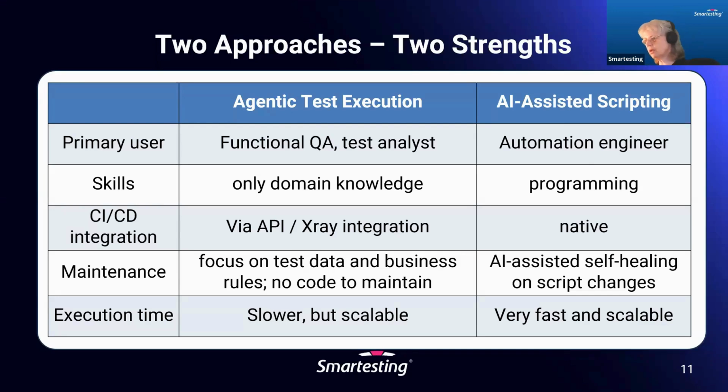Regarding maintenance in agentic test execution, I do not have to tell the agent which locator, how the button is called very precisely, and so on. I can focus on test data and business rules. I do not have any code to maintain, because there is no code written by you, at least. Whereas in AI-assisted scripting, I have code to maintain.